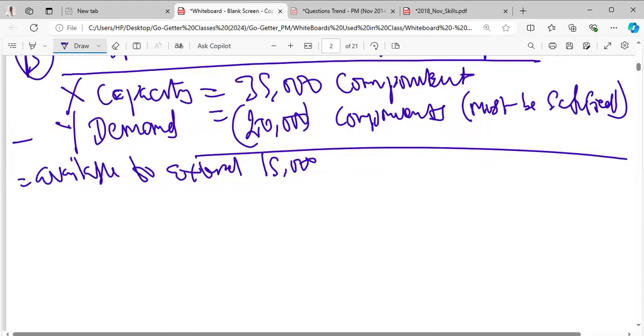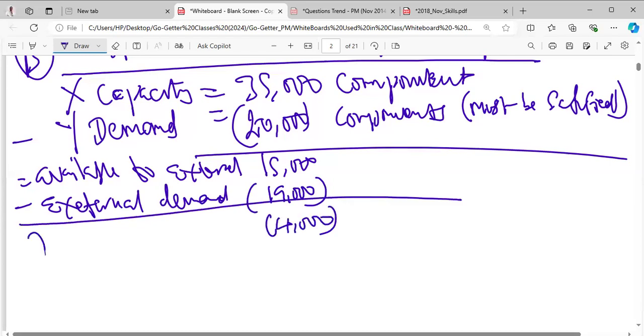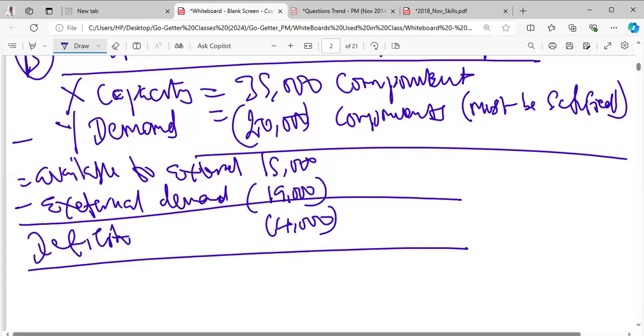Now say less external demand. External demand is 19,000. So there's going to be a deficit. Deficit is 4,000.